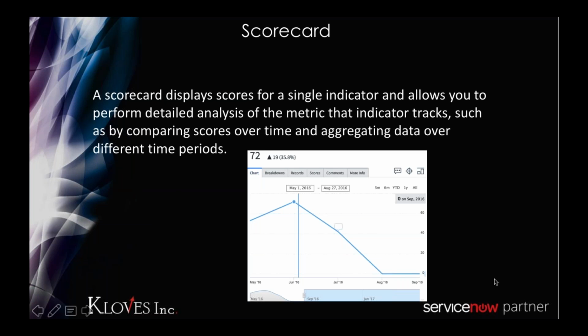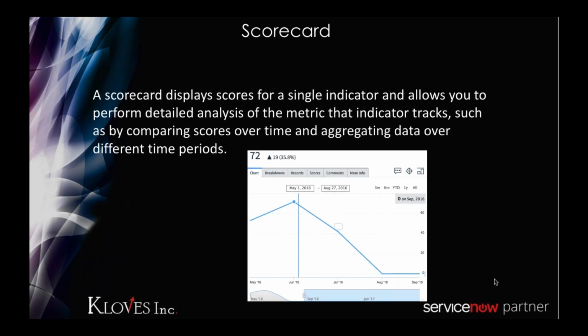A scorecard displays scores for a single indicator, and it allows you to perform detailed analysis of the metric that the indicator tracks, such as by comparing scores over time and aggregating data over different time periods. This is really where we see what our data is doing.